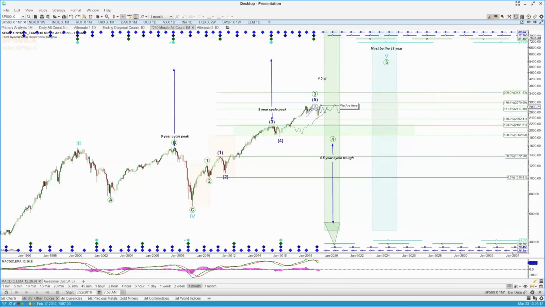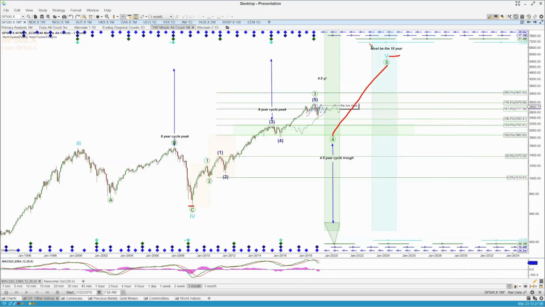After which we would then expect to see another 5-wave move unfold to complete the primary degree wave 5 in this index, and that will complete all of the cycle degree wave 5 up off the March 2019 low.